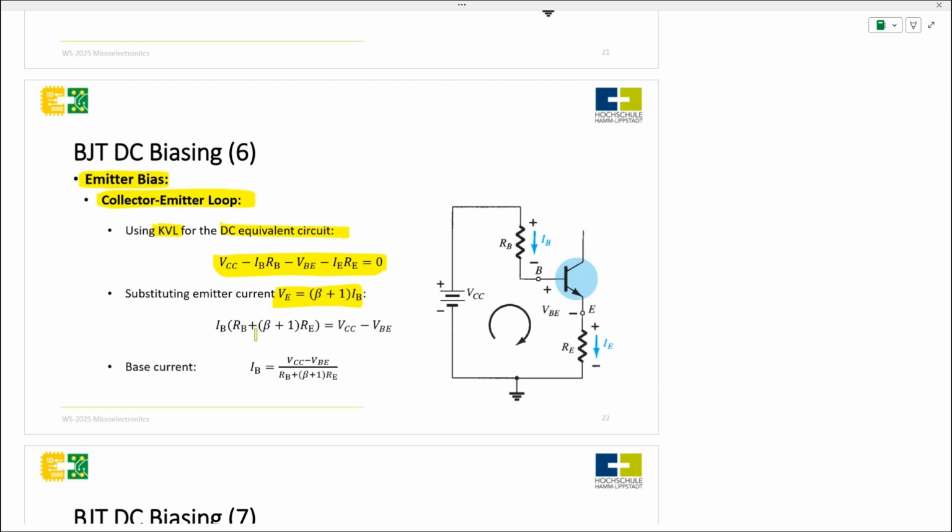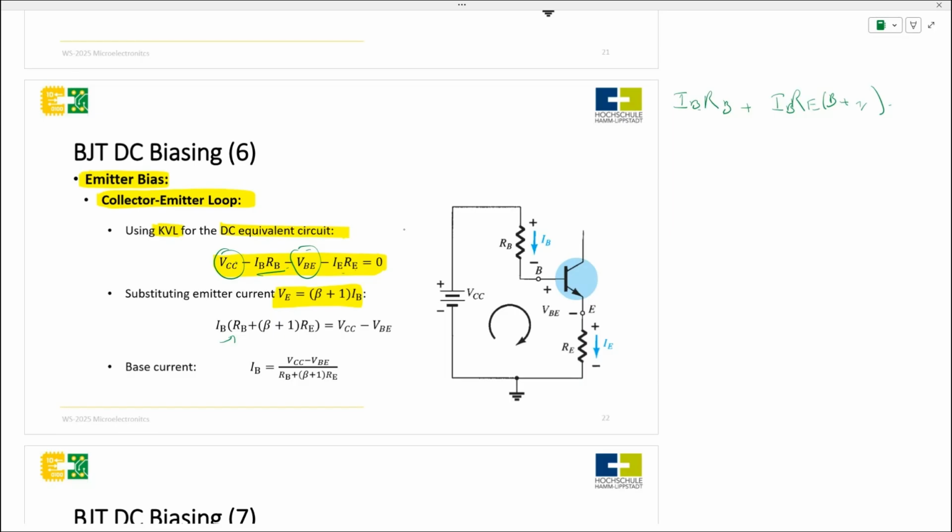I'm going to need to focus on this. So what do we have here? Let's replace it again. We have IB RB plus IB RE (beta plus 1). Where did this come from? We know that the VBE and VCC are okay. We know that the IB and RB are okay.